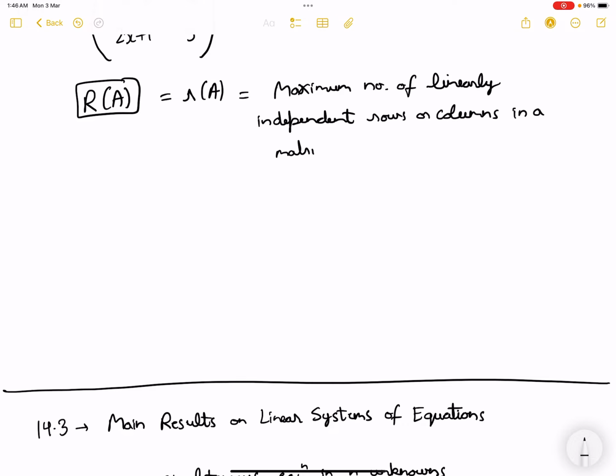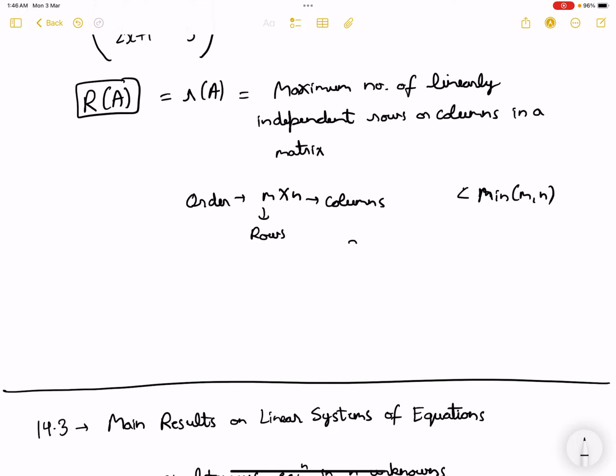Also, we studied that the order of the matrix is denoted as m cross n, where m stands for the number of rows and n stands for the number of columns. So the rank should be less than or equal to the minimum of m comma n.